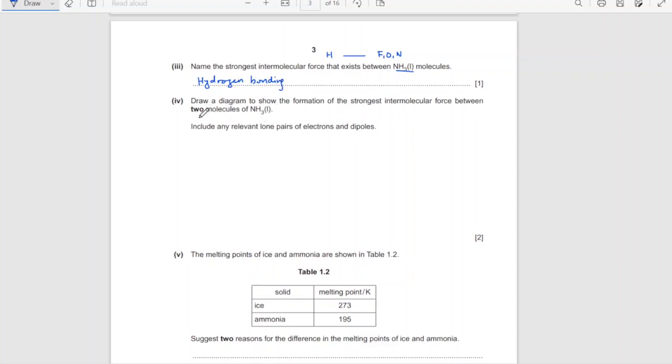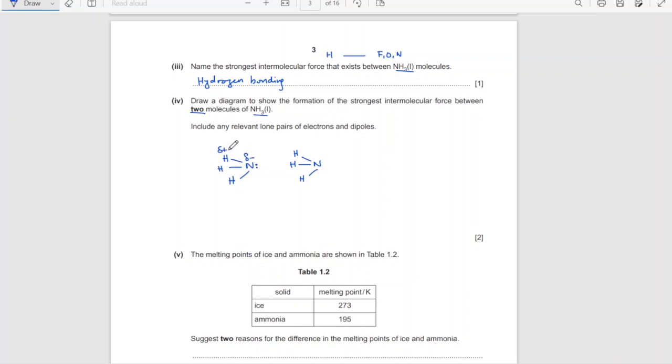Right, now it says we need to draw a diagram to show the hydrogen bond between two molecules of NH3. So what we will do is we have an NH3 molecule over here and another one on this side. And we know that we're going to have a lone pair on the nitrogen atom, which is partially negative.